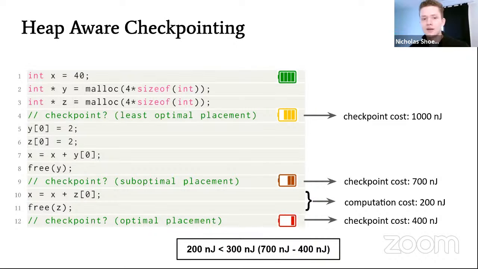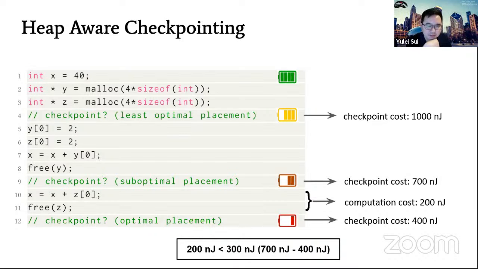So if we free, we basically are freeing up energy. If we free 300 nanojoules, it means we're always able to get through that calculation, because we're leaving a bit of a buffer at the end of the pulse of power so that we can get through our checkpoint. So we always know we have a little bit of energy left. And then if we can make the checkpoint cost less, we can proceed to line 12.